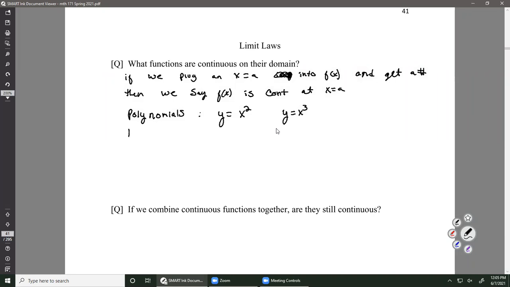We have rational functions, so y equals 1 over x, y equals x over x minus 3. All of these are continuous on their domain.